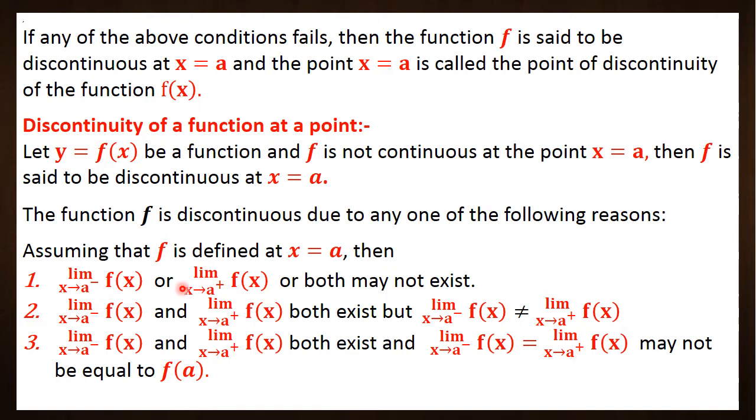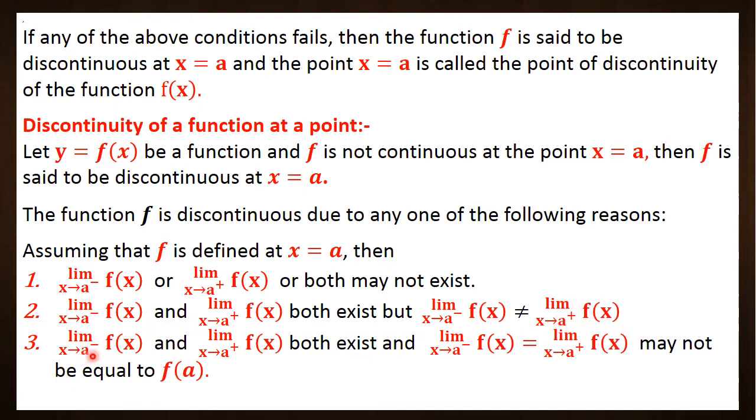Then we can say that the function is discontinuous. The other two conditions: the limit as x tends to a minus of f(x) and the limit as x tends to a plus of f(x) both exist but they are not equal. That is, the limit as x tends to a minus of f(x) is not equal to the limit as x tends to a plus of f(x).